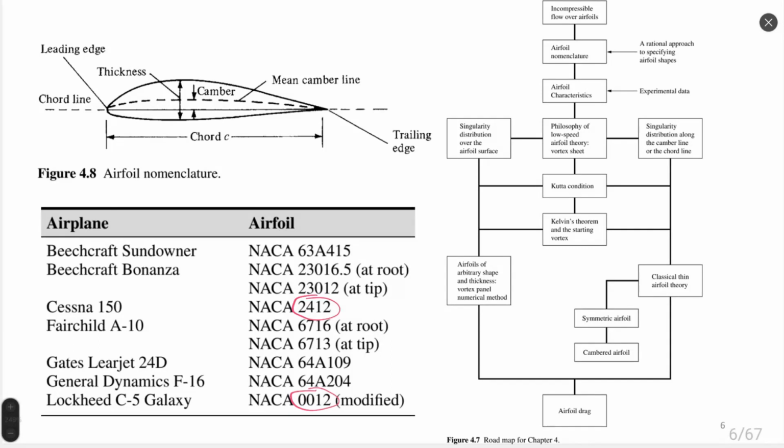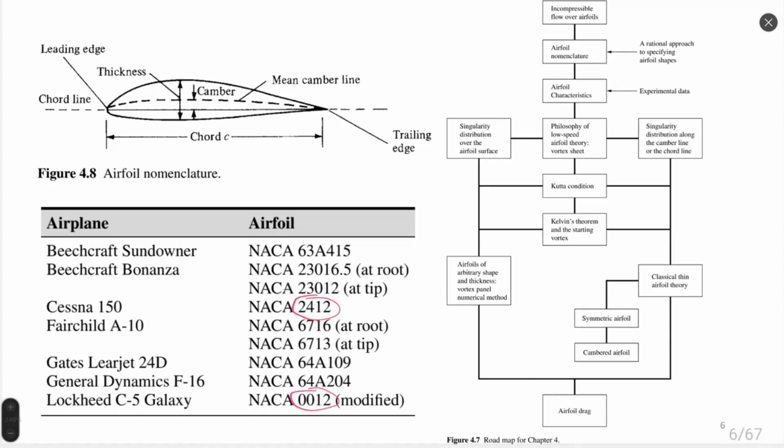Okay, and 00 on airfoil 0012 says that it has zero camber. It means that the camber line is the same as the chord line. In such a case, the airfoil is symmetric. So 4-digit airfoils with 00 as the first two digits are always symmetric.